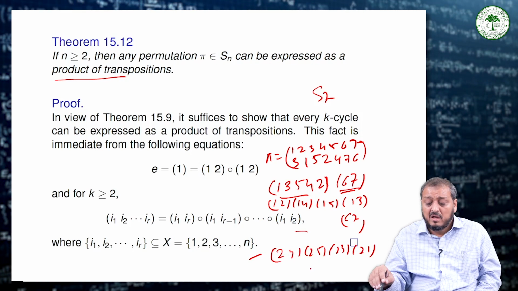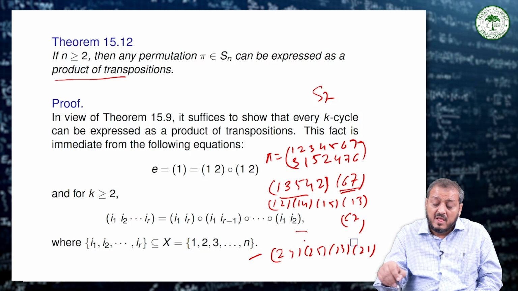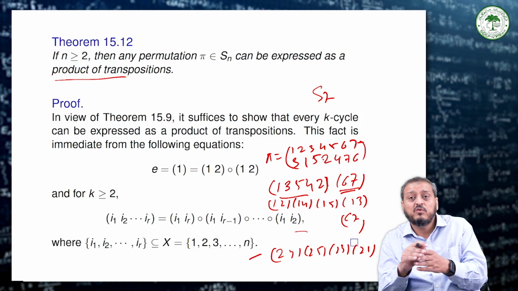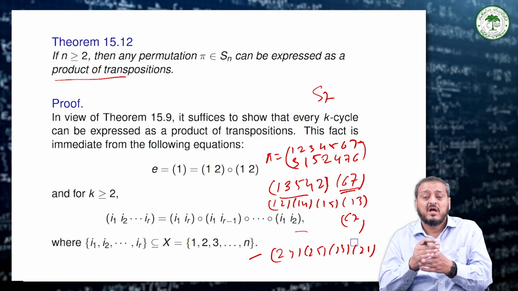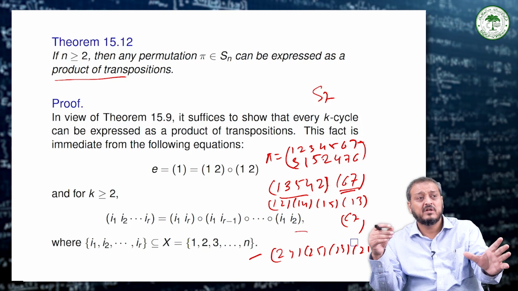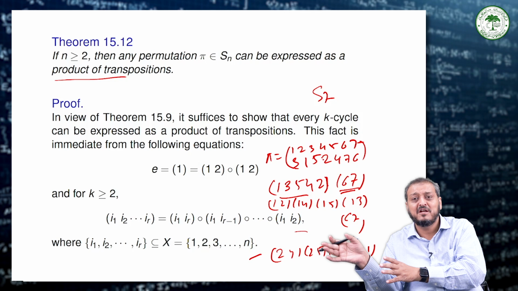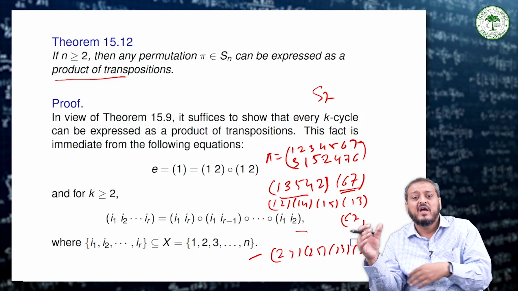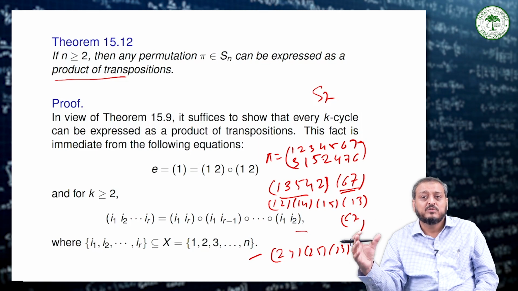That is not a problem. Either this way or this way we can write it. So by this theorem, any permutation is a cycle or a product of disjoint cycles, and can be expressed as a product of transpositions.